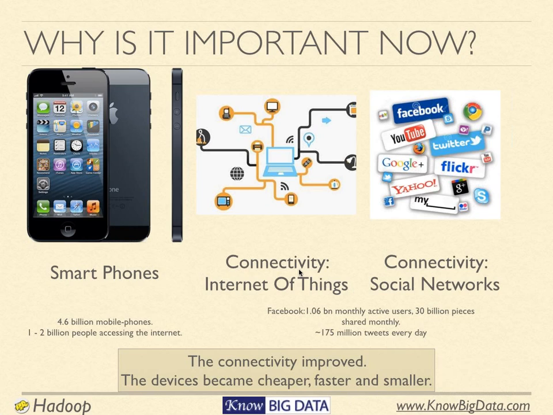On the other hand, the connectivity became higher. So you can think about connectivity like a multiplier of the data, and the hardware like the smartphone, you can think of as the data generator. On one hand, data generation became omnipresent everywhere, and on the other hand, the ability to multiply this data and transmit it to various sources became available. For example, I am right now creating data of around 1 gigabyte per hour.